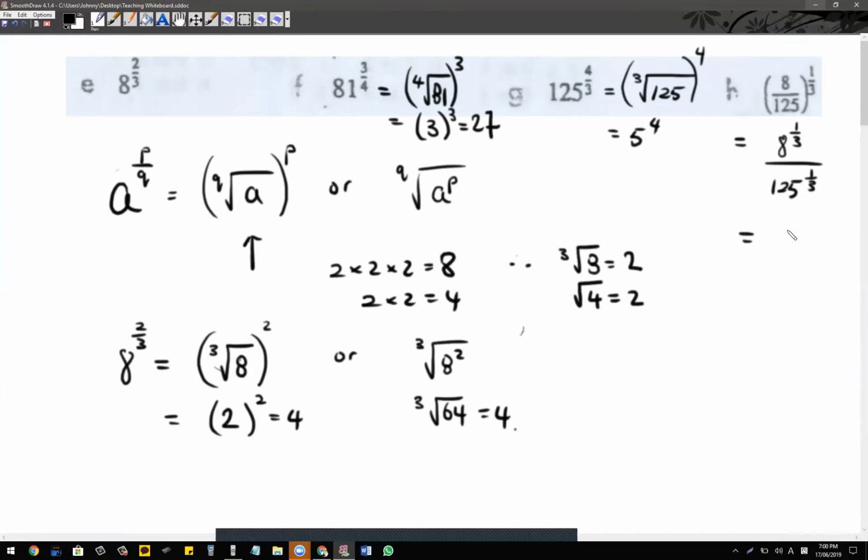So this is equal to 2 over 5, because 2 by 2 by 2 is 8. You need to know that 1 on 3 is the same as just the cubic root. So one thing that you need to know is that a to the power of 1 on n is the same as the nth root of a. That's very, very important.